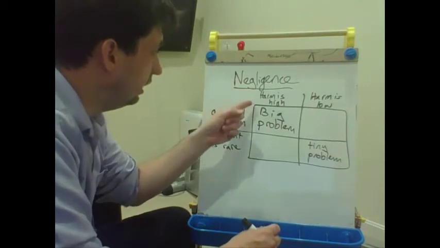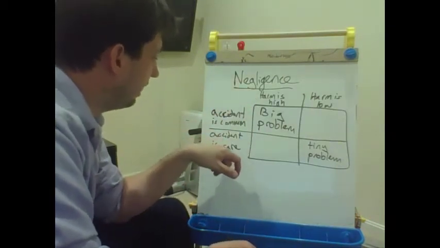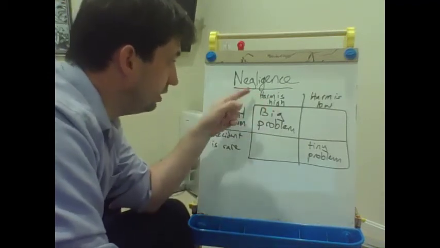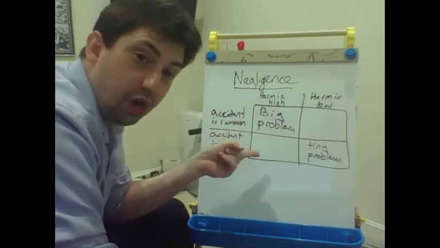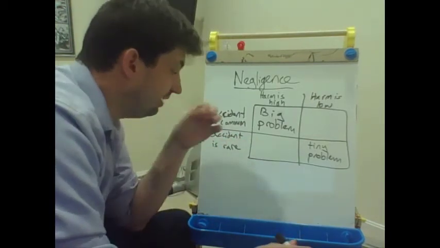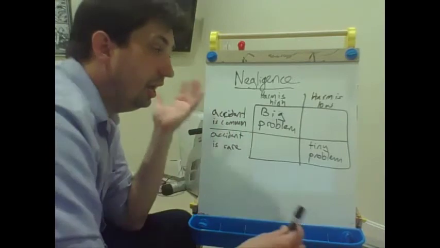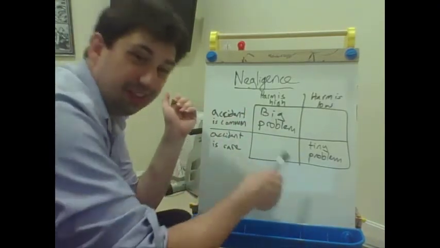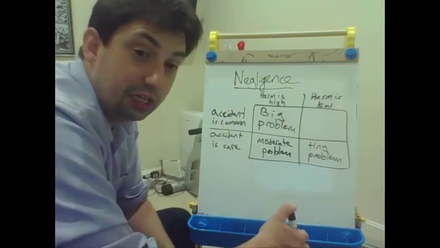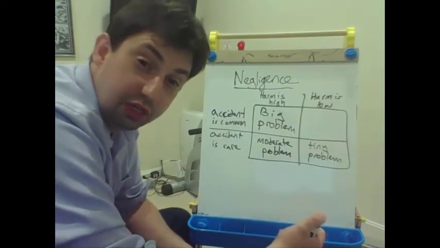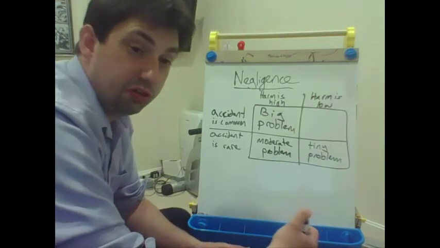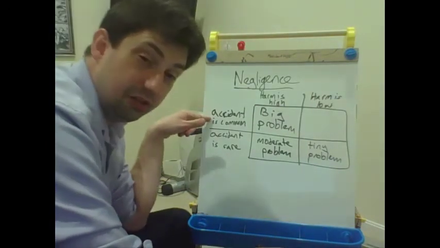But now these two are the interesting ones. Maybe the accident is rare, but rather than stubbing my toe, I broke my hip. That's a big harm. Well, that's a moderate problem. Yes, it's bad if it happens, but it's unlikely to happen. Similarly, let's imagine that I'm unlikely to hurt myself severely in a high case that I slip. Maybe I sprain my ankle, stub my toe, but it's a high likelihood that I will slip.